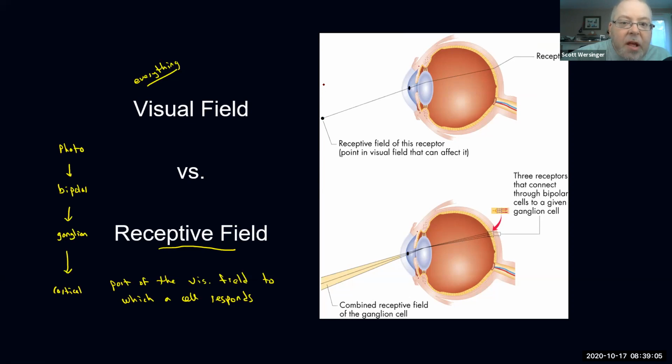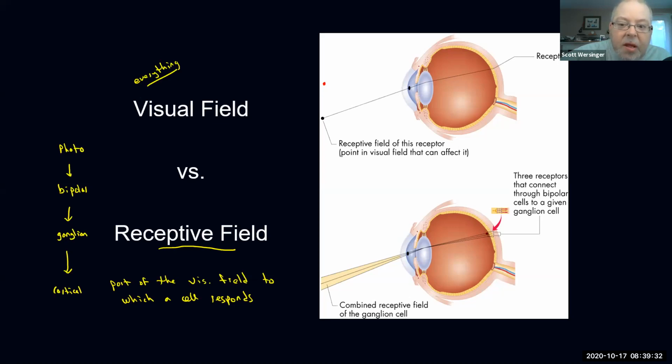Now, if I move this light, let's say I look at a point of light here, this receptor will no longer respond because the light won't strike it. It'll strike a different photoreceptor, and it'll be in a different photoreceptor's receptive field. Okay, but if we're focusing on the cell here, only a point of light at this point in space will have an effect on the photoreceptor.